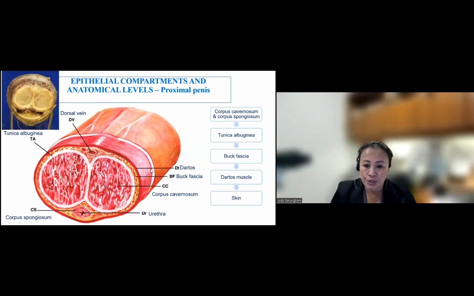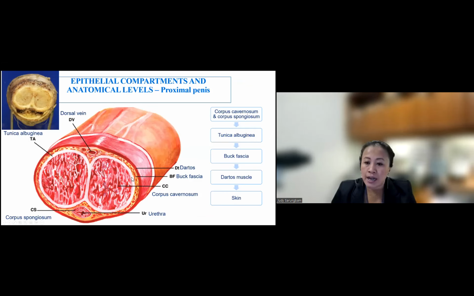Now coming on to the shaft of the penis, the main bulk of the penile shaft is composed of 3 cylindrical masses, which is the erectile tissue, the 2 corpora cavernosa, and the corpus spongiosum with the central urethra ventrally. We have a dorsal vein on the posterior aspect. The corpora are covered by a thick tunica albuginea, and then this divides the corpus cavernosum into 2 portions.